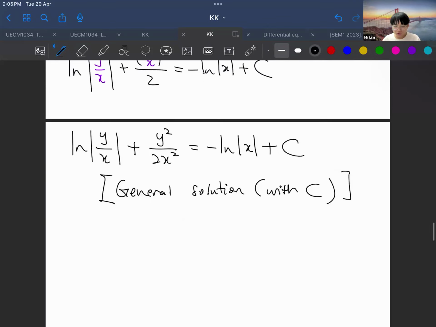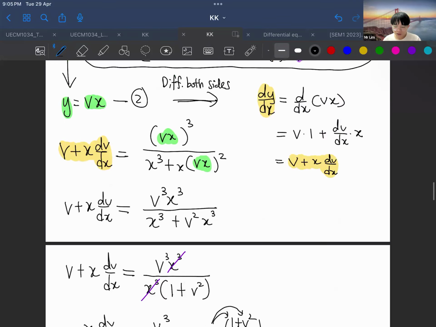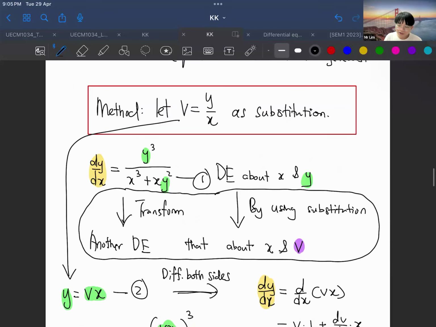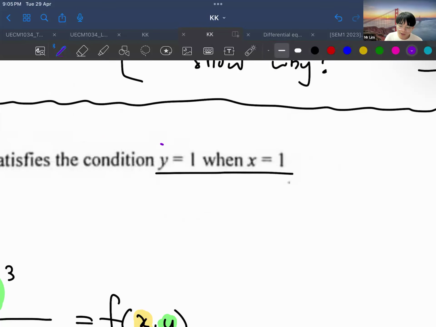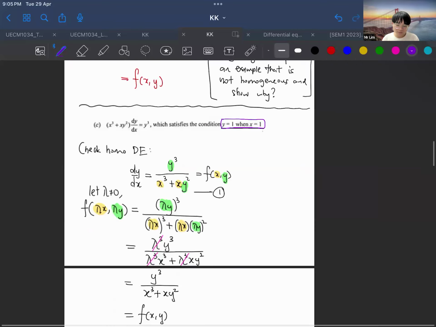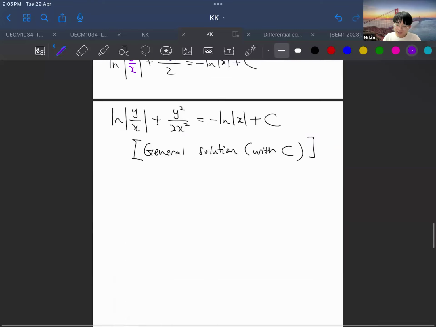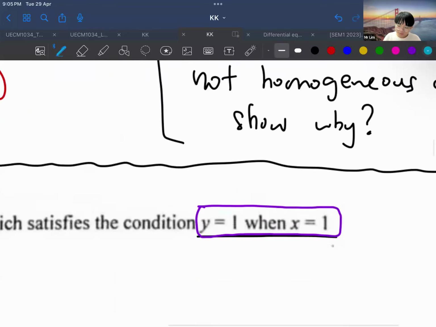So what do you do? You go back to your question. The condition given is y equals 1 when x equals 1. You substitute x equals 1, y equals 1 into the last equation you got. Let me highlight with a different color.